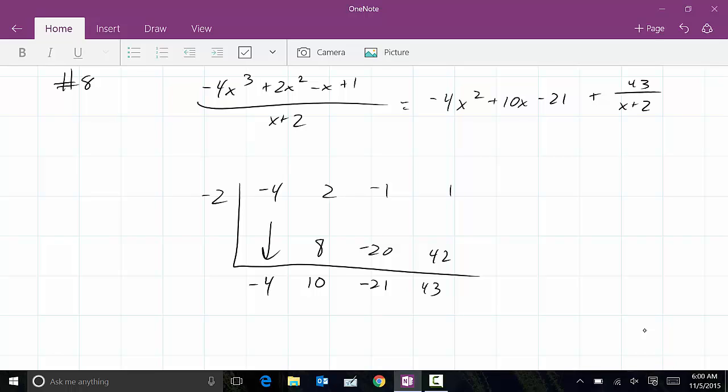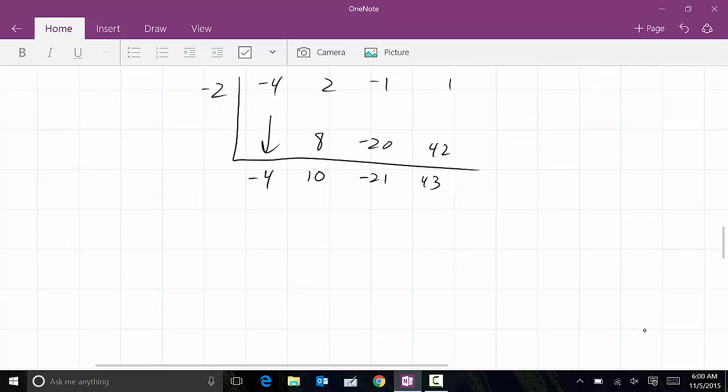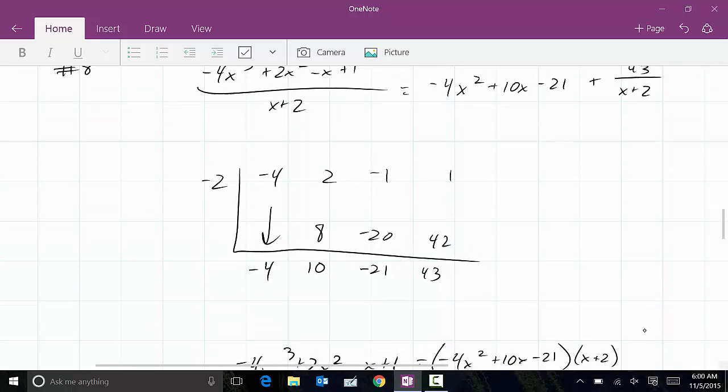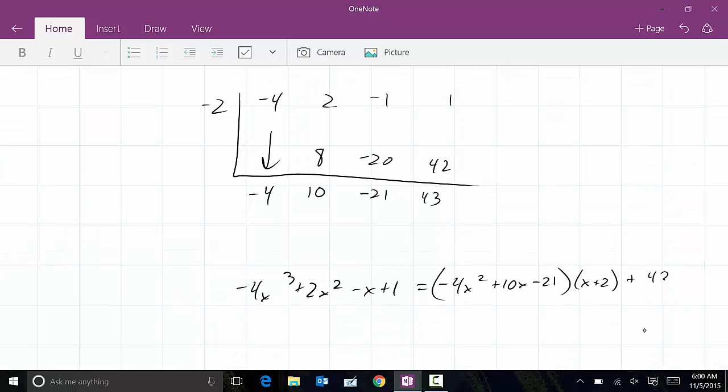And remember, if you rewrite that in the alternative form, by multiplying both sides by x + 2, you find that -4x^3 + 2x^2 - x + 1 is equal to (-4x^2 + 10x - 21) times (x + 2), and then plus 43.